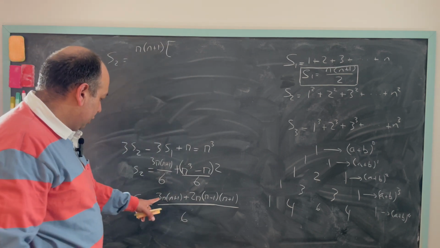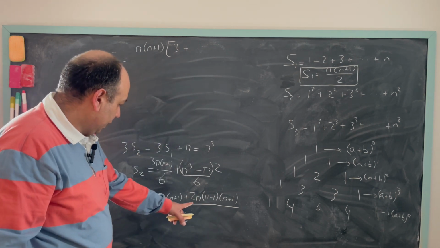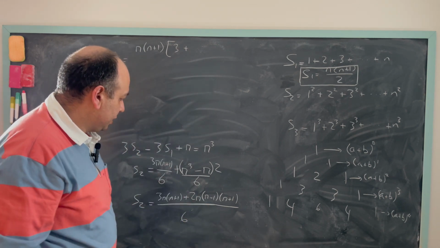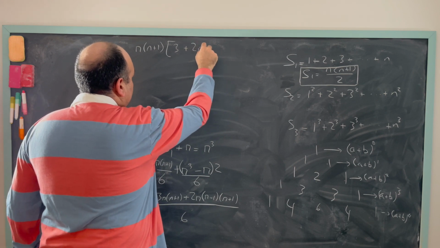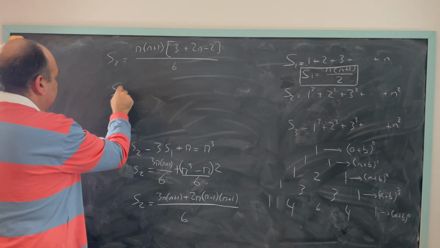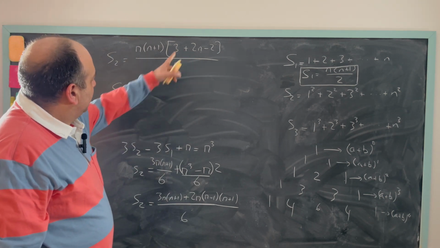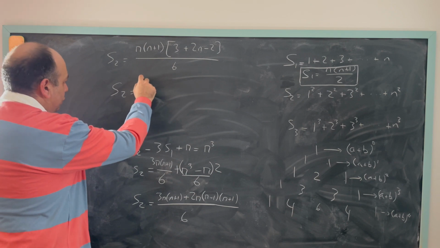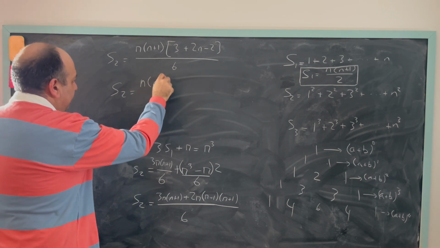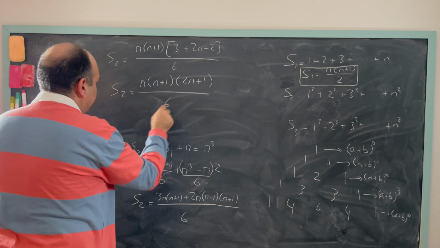Okay, so this has 3 plus, okay, so this has 2n minus 2. So 2n minus 2 over 6. So s2 is equal to 2n plus 1. So n times n plus 1 times 2n plus 1 over 6.